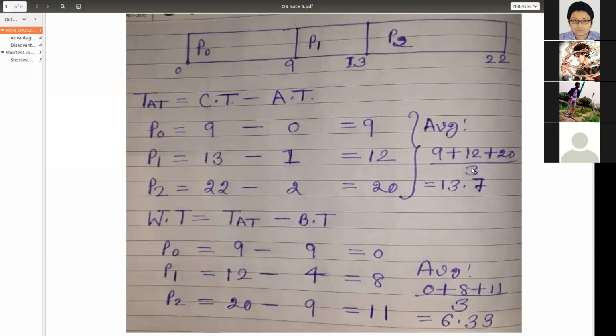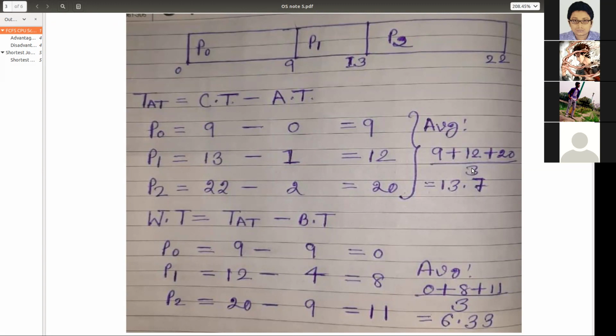And P2's turnaround time is 20 minus its burst time 9, which is given in the question paper, so it will be 11. So P2 has waited for 11 milliseconds to get the CPU, and you can verify that again from the Gantt chart.